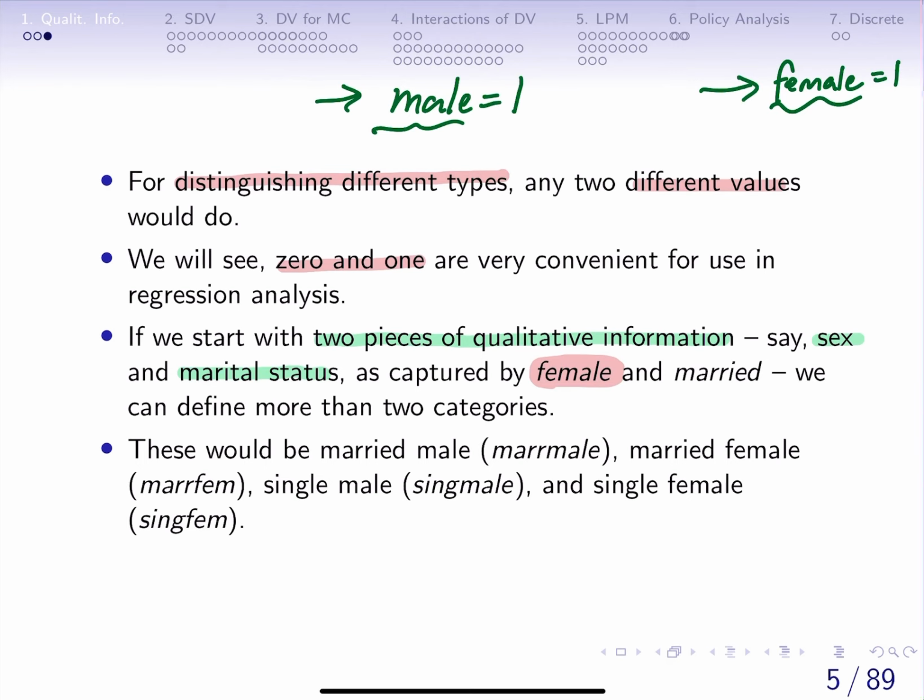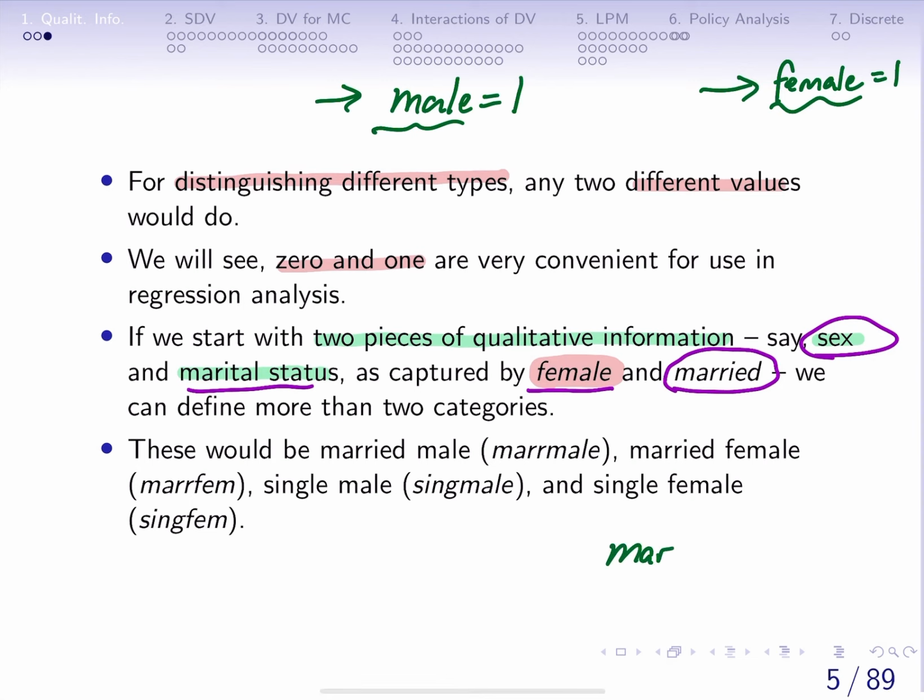Let's say we have sex, which is captured by female, and marital status, which is captured by the variable married. Married would take a value of 1 if the person is married and 0 otherwise. Here you can come up with 4 different categories if you interact these variables.